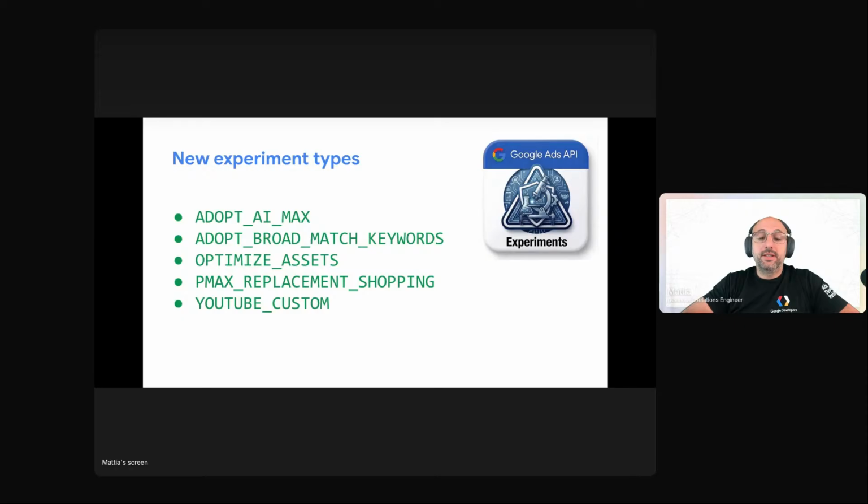So you can see for yourself without making the whole change, but you can just dip your toes in the water and do an A/B test for a small percentage of your users and see what the real impact is and whether or not it makes sense for you. Similarly, there is a PMax replacement shopping experiment that can test how your regular shopping campaigns would perform compared to Performance Max for retail.